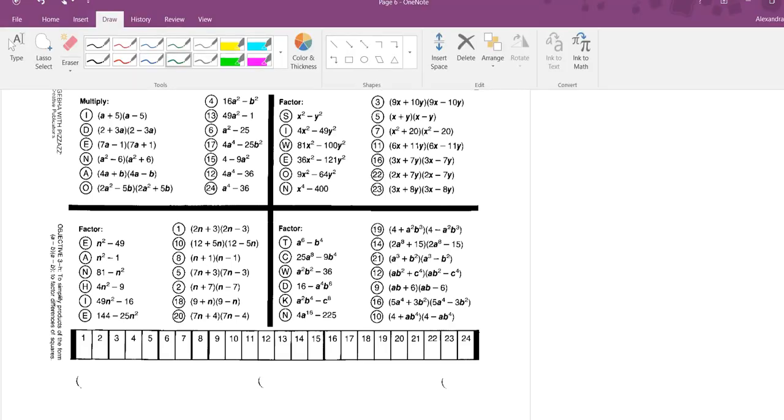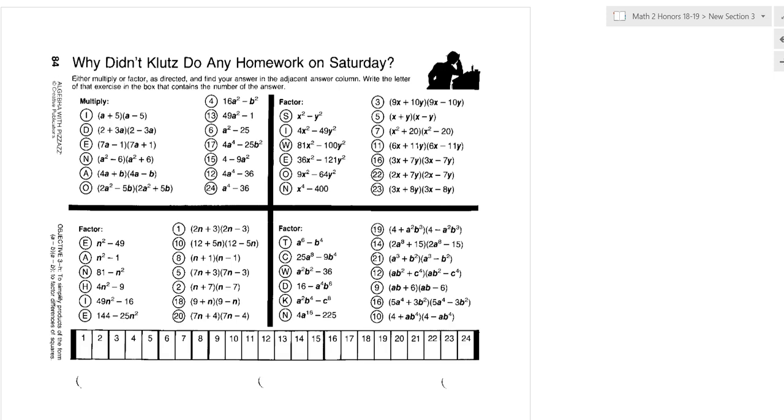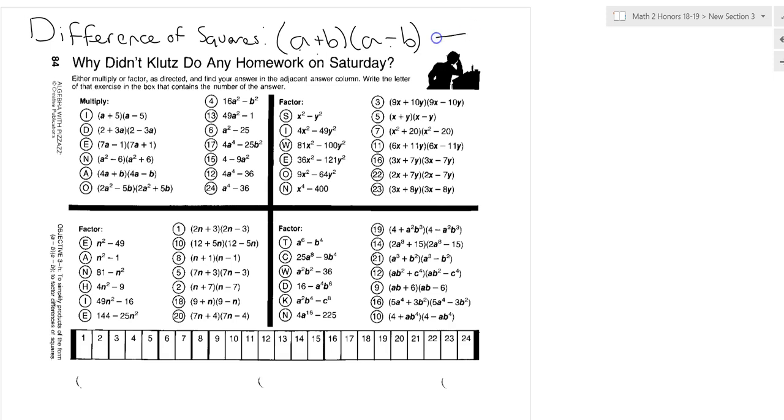All right, this section is all about difference of squares. And difference of squares can go either way depending on if you're multiplying or factoring. It's something that looks like a plus b times a minus b. Right, so they're the same except one's positive and one's negative.